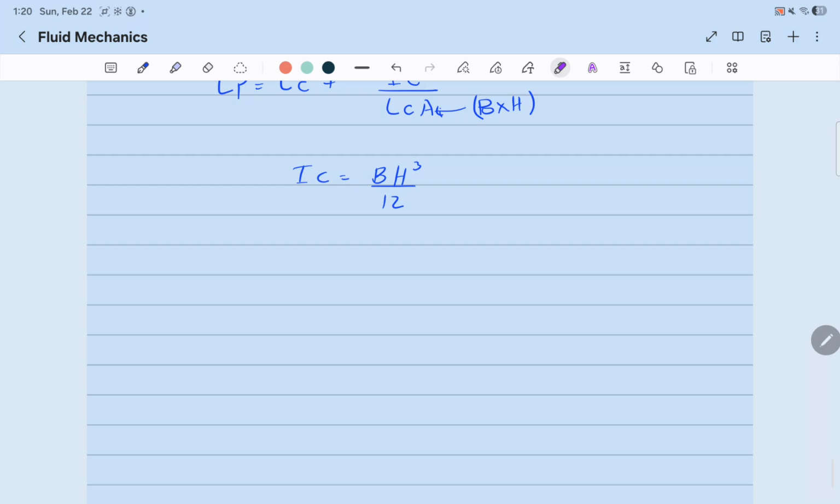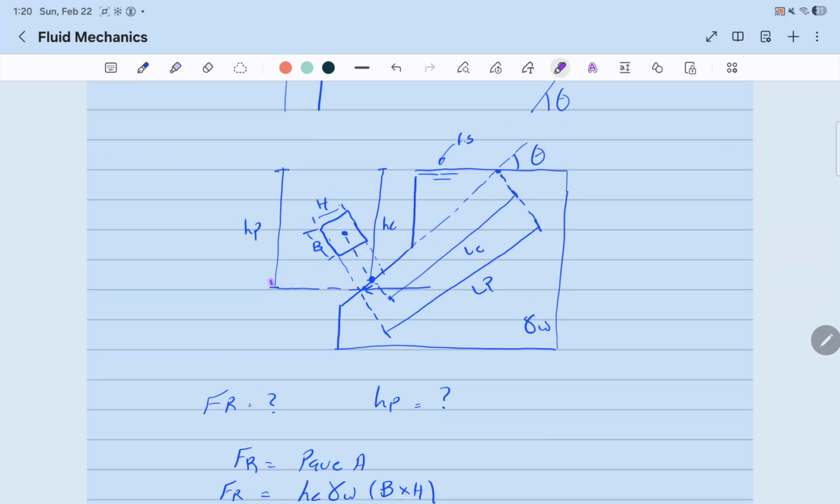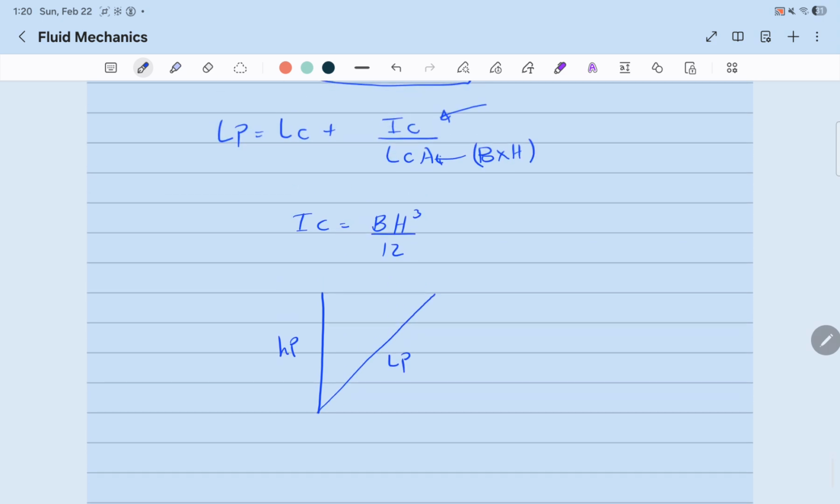The main point is to find the depth where the center of pressure is acting, which is HP. To find that, you need LP, the length from the center of pressure to the surface, and then you can use this triangle to find HP. This is HP, that's the LP we found using the equation, this is the surface of the fluid, and this is the given angle of inclination.